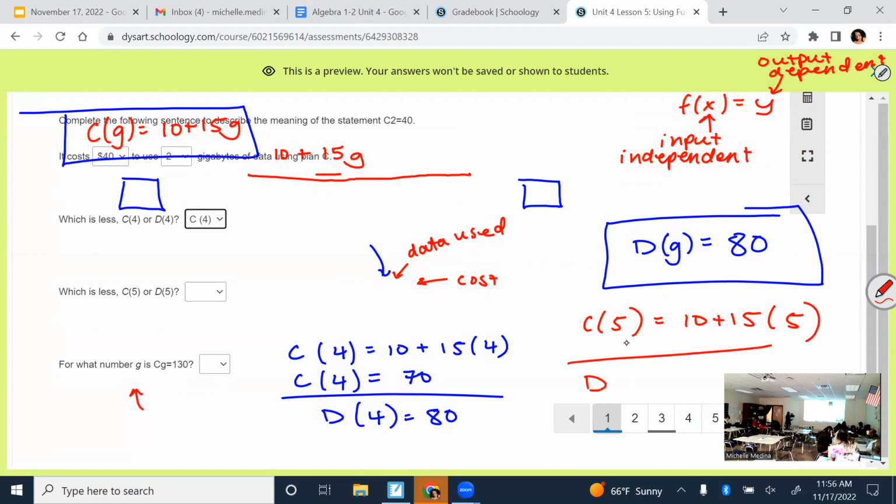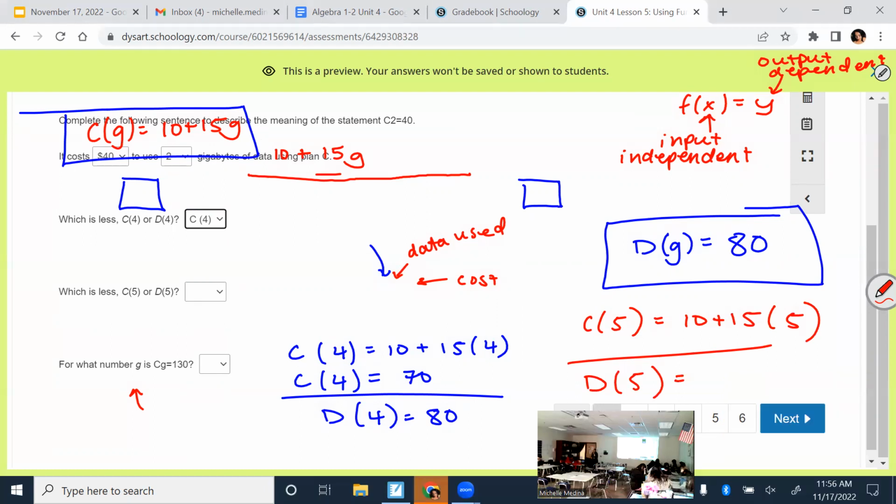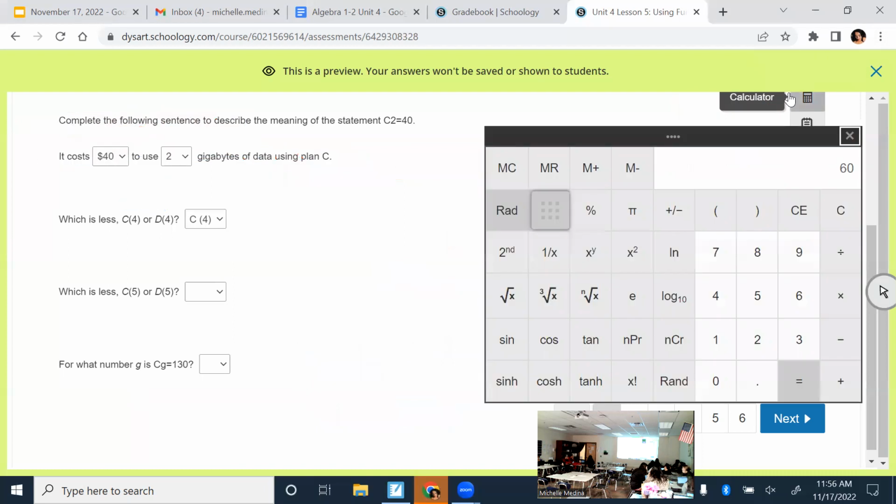Compare that to company D. What does it cost for 5 gigabytes at company D? It costs $80. So that's the rule. No matter how much data they use, it's $80. They have unlimited data. So that I need to put in the calculator. 15 times 5 is what?